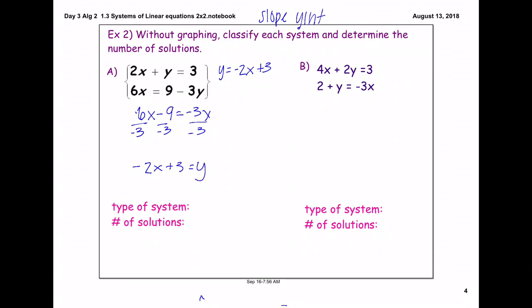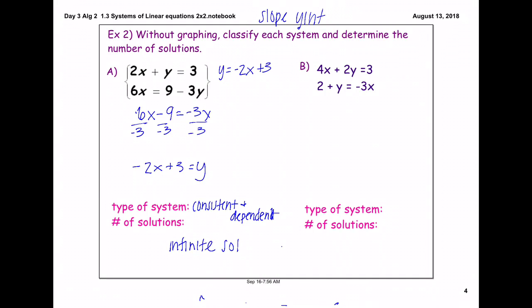So we notice now that the type of system is a consistent dependent system, which means that we are going to have infinitely many solutions because the lines are the exact same thing.